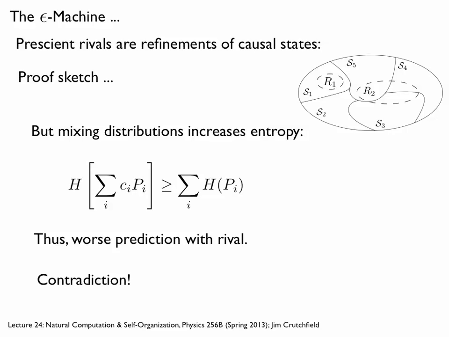The way you show this is a simple information identity: the entropy of a mixture of distributions is bounded below by the sum of the entropies of the individual distributions. So you get worse predictions with the rival, which is a contradiction, because we started out assuming that we had prescient rivals that made the same predictions over the future, with the same uncertainty about the future. So that's a contradiction. Therefore, this second case can't happen. This one can, that's fine. They agree.